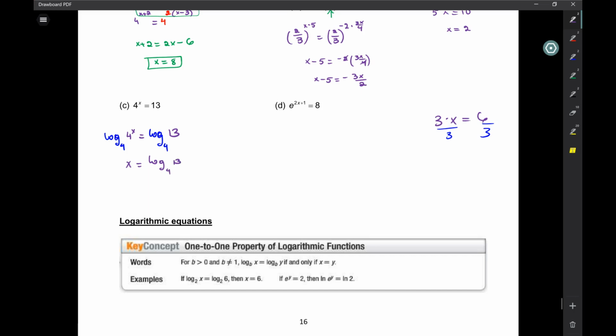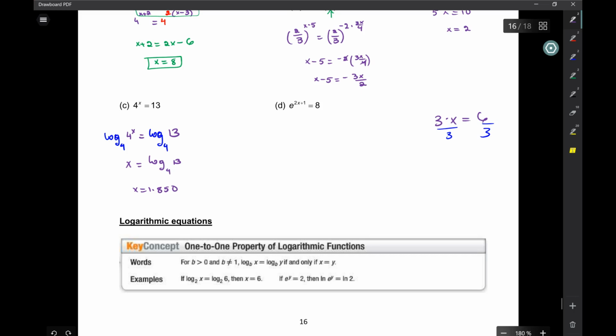Now, if this is a no calculator section, this is how you leave it, right? Or you could put it in your calculator. Your calculators can just evaluate this. If you have a calculator, then it's 1.850.